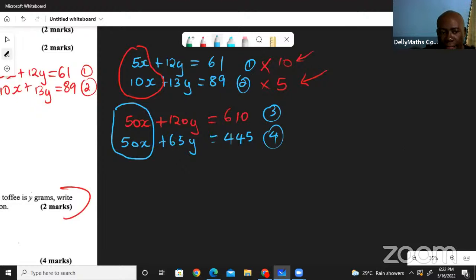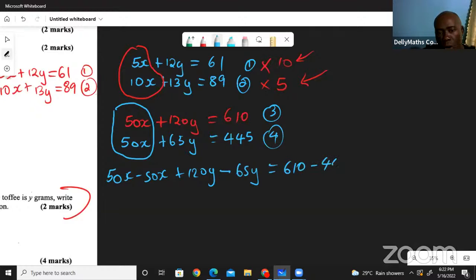Already, we would see that this is 50x minus 50x. That's gone basically. Then we have 120y subtract 65y, then we have 610 minus 445. So I'm subtracting equation 4 from equation 3, as you could see there.